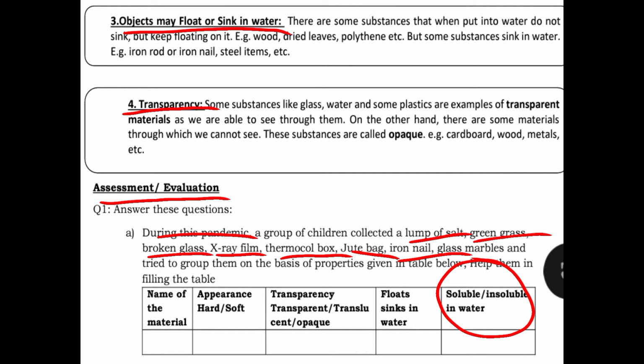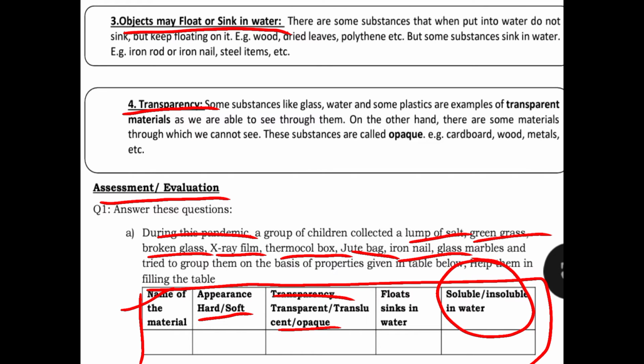Let's try to group them on the basis of properties. What you have to do is make a table like this. Here you can write the name of the material. In the second box, write appearance, whether hard or soft, and then transparency, whether transparent, translucent, or opaque.